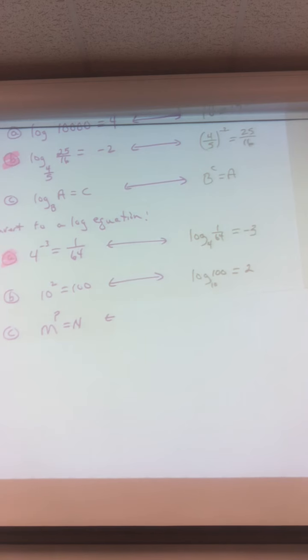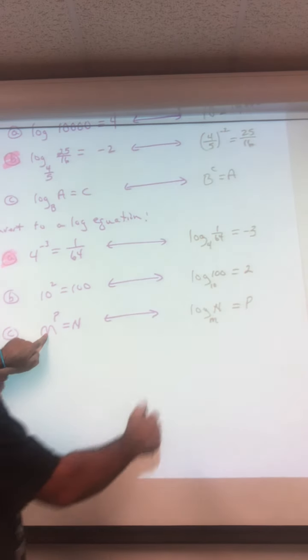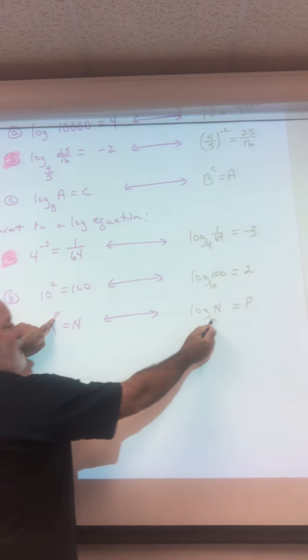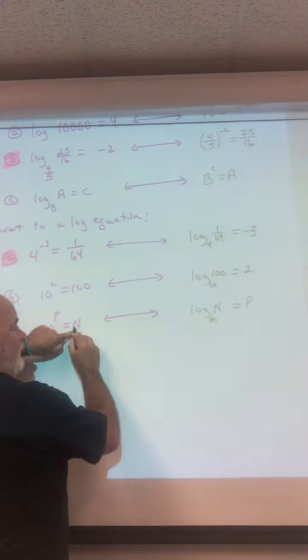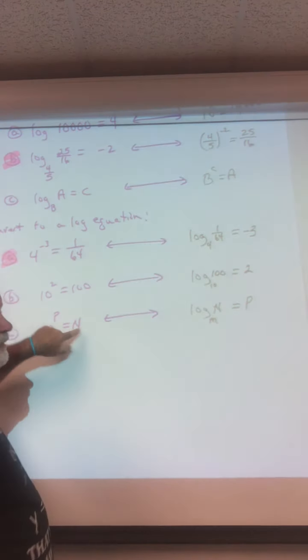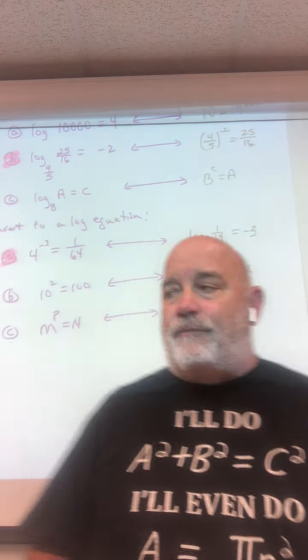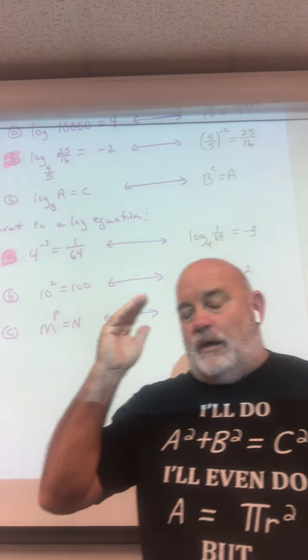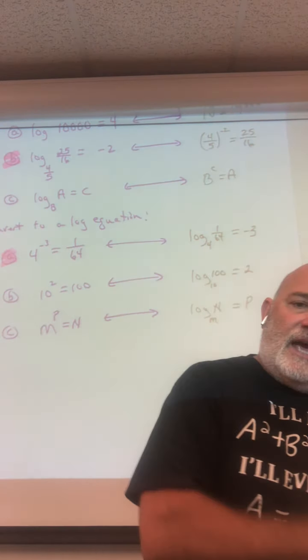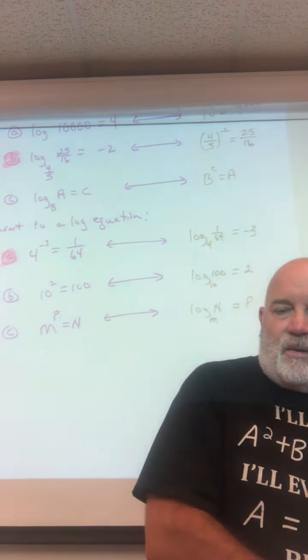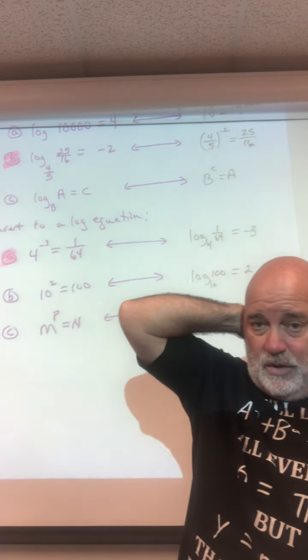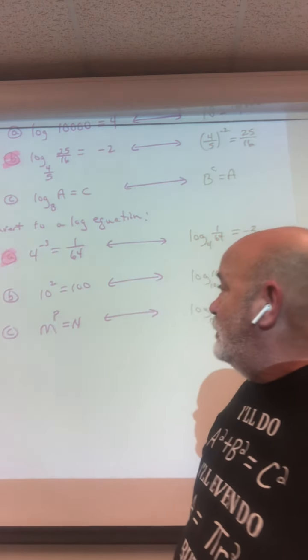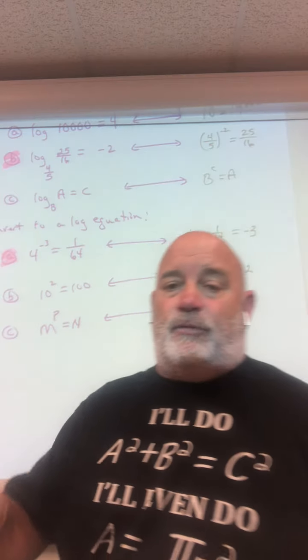And then the last one, base goes down here, exponent goes over here, and what's left goes right there. So that's how you convert from a log equation to an exponent equation, and from an exponent equation back to a log equation. All right, we'll stop here. We'll pick up with video 2 next.